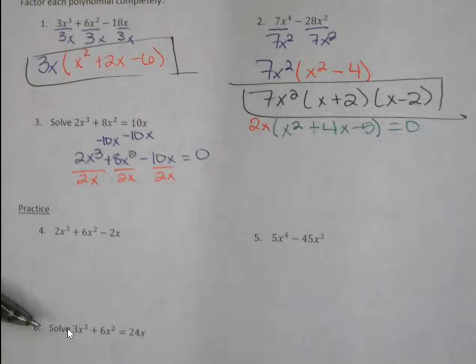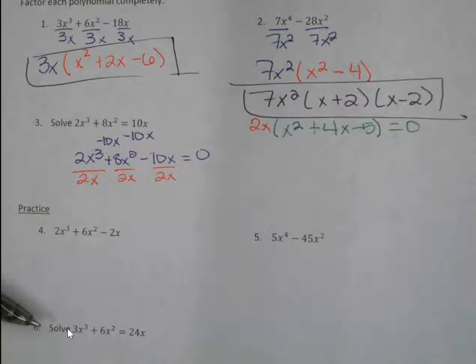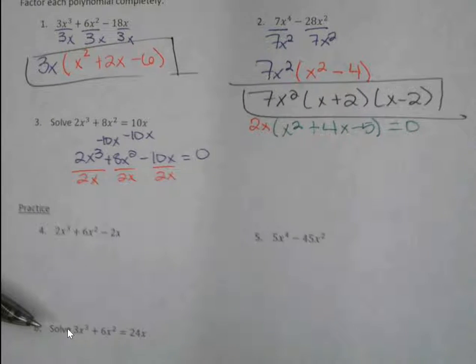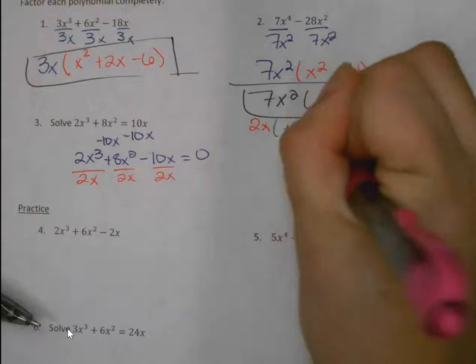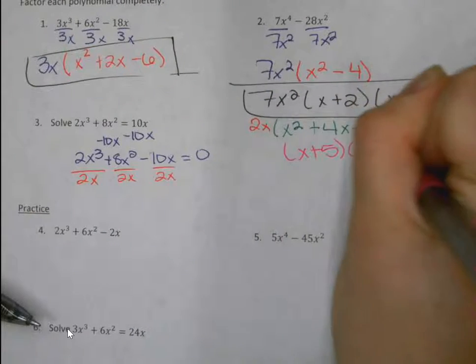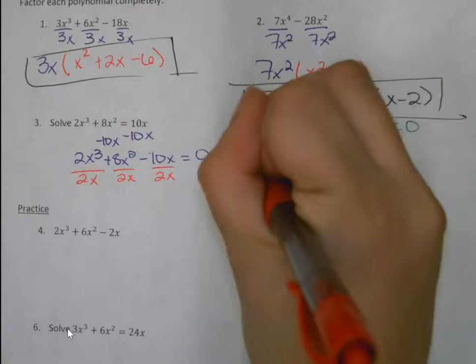Okay. Can I factor the green stuff more? Can I figure out two numbers that multiply to negative 5 and add up to positive 4? 5 and negative 1. So I am going to write x plus 5, x minus 1, and then I still have the 2x from earlier outside.